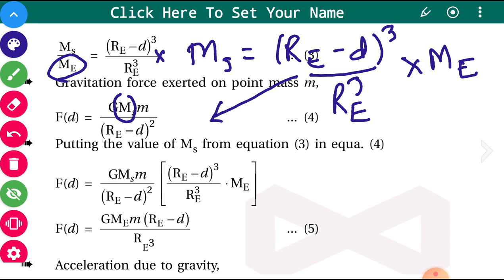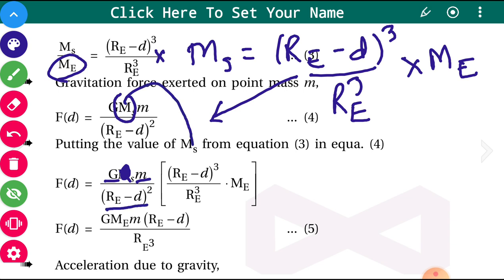Whichever other terms, that is g, then we have m. Instead of ms we are placing the value; the ms written here is extra and should not be there. Re minus d whole square.